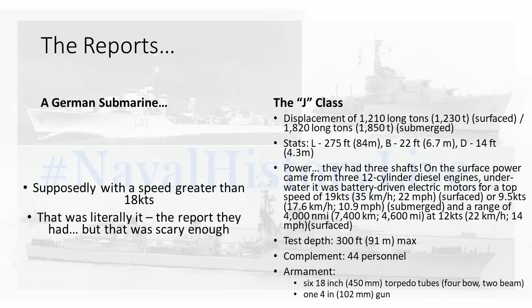So the J class get manufactured, and they have 3 shafts prime power, but it's 3 12-cylinder diesel engines on the surface, battery-driven electric motors underwater, for a top speed of 19 knots. Yes, they got an extra knot thanks to having 1 extra shaft over the Swordfish. Swordfish had 2 shafts, J-Class had 3, and it got them an extra knot.